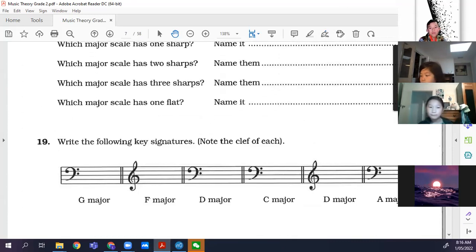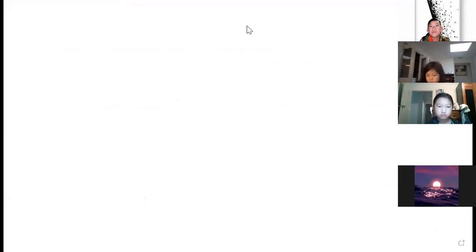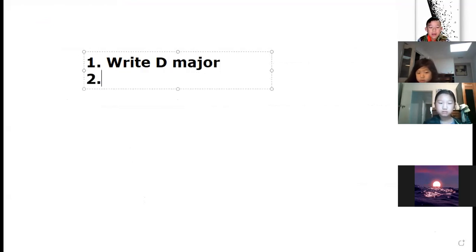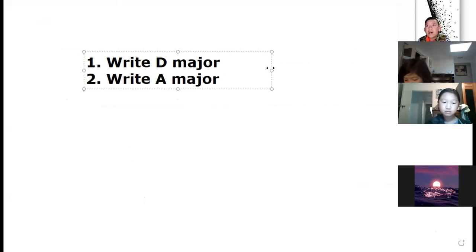Take out your stave paper, please. And I'll write the task on the whiteboard. So the new scales we're learning this week are D major and A major. So wait, don't start yet. I'm gonna give you some specific requirements.